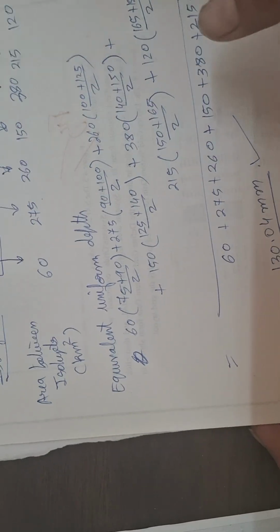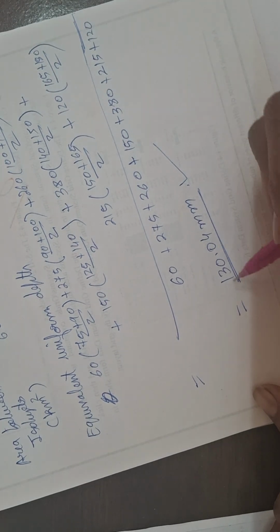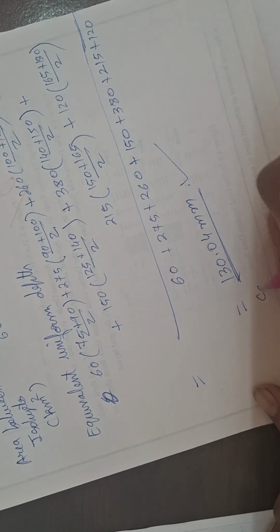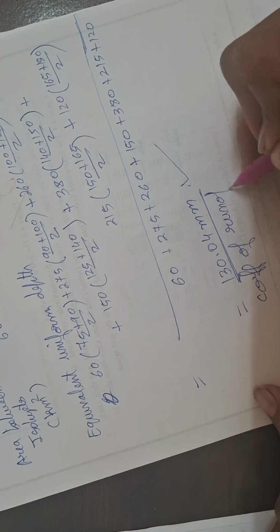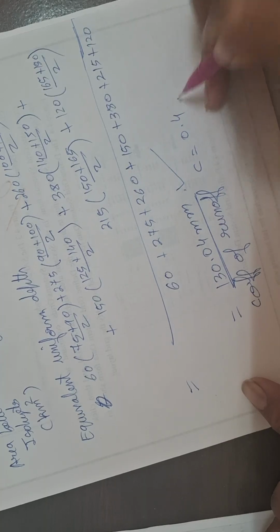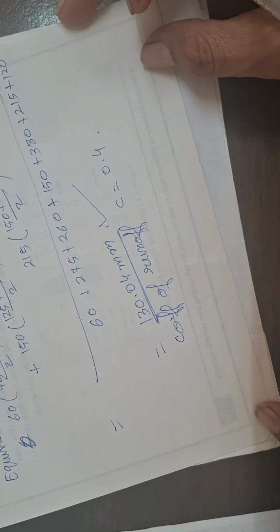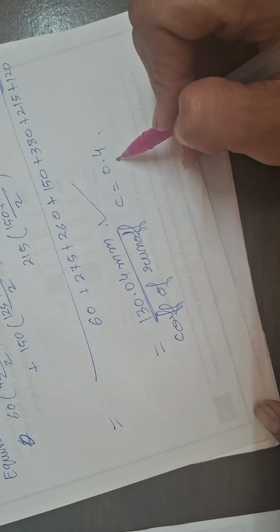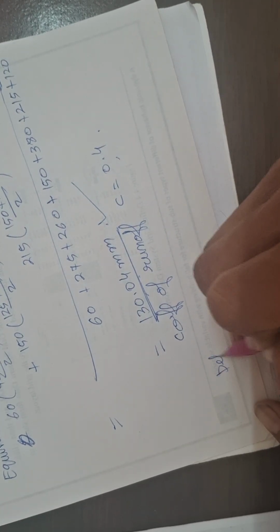Many times they are giving some coefficient of runoff also. Suppose the value of C runoff is given as C equal to 0.4. Then we are supposed to multiply this coefficient of runoff with this, and only then will we get the actual depth of flow.